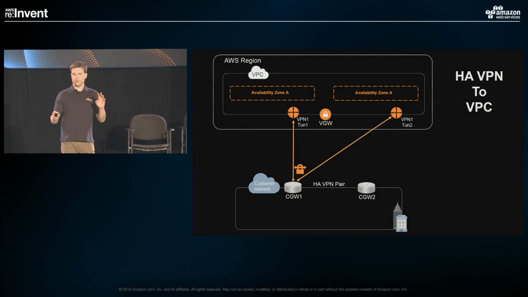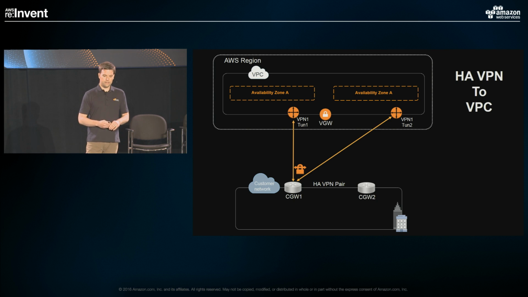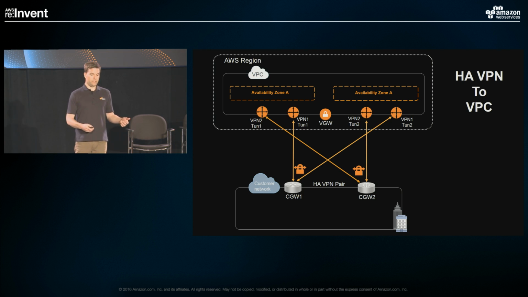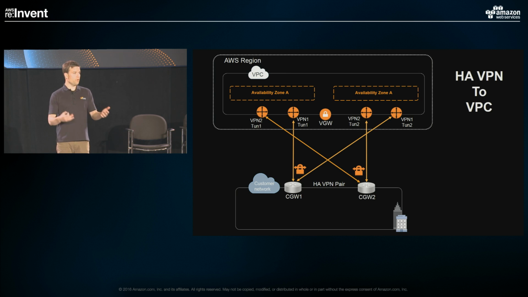One tunnel will land in separate availability zones, and that will connect down to one of your customer gateways. This is your VPN device terminating the tunnels on your end. Now, to provide HA on your end, you're going to want 2 customer gateways, so that you can have redundancy on your end. So now we've got 4 tunnels. So 4 tunnels are involved in each connection.